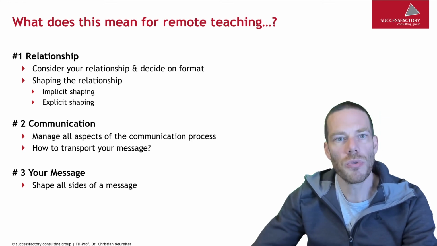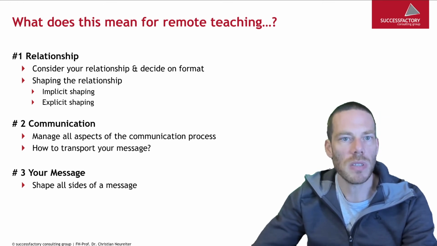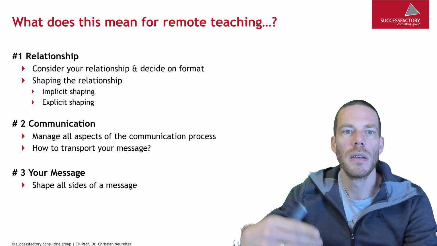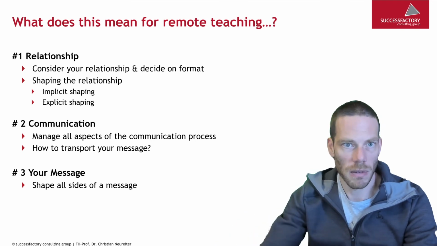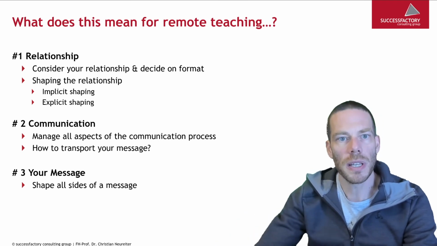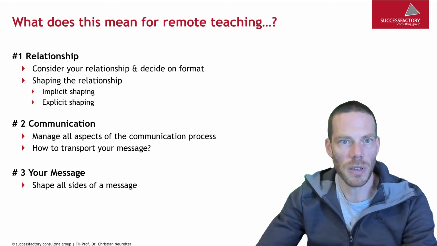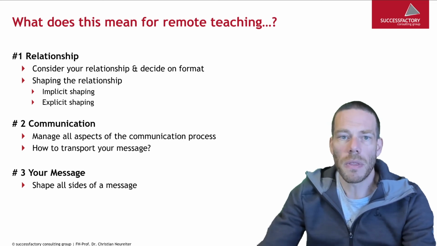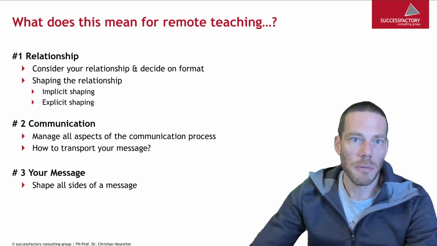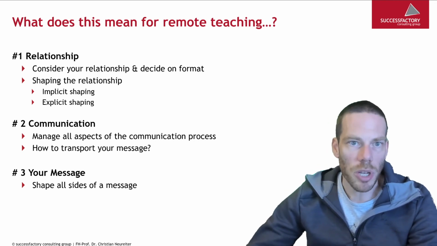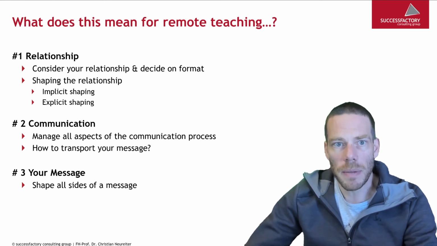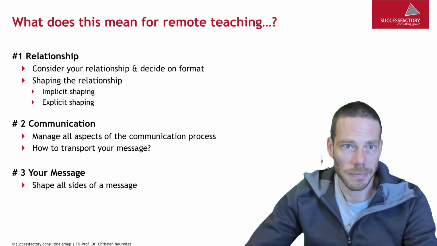So we should really try to shape all sides of the message to be well aware of what exactly will be received by the audience. So to ensure that really that message is received that I wanted to send. So these are basically the main things that we can draw from basic communication theory, and these things that we need to consider individually when it comes to remote setting.